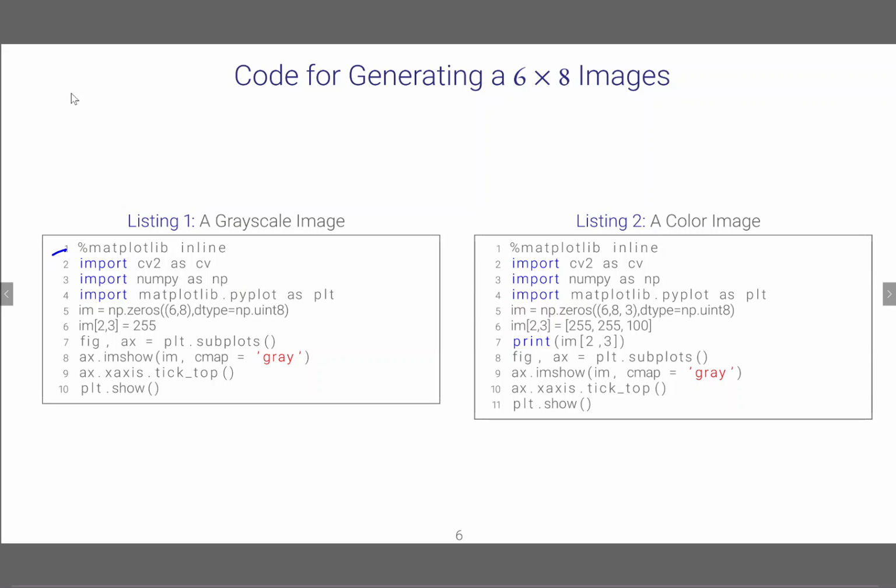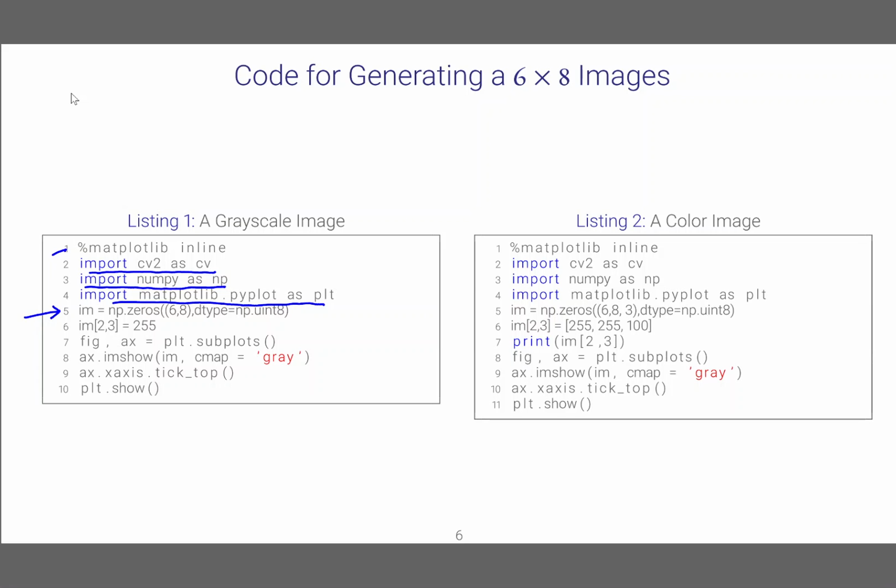And we have to import OpenCV by saying import CV2 as CV. Then we will import NumPy for the array manipulation and creation. And then for plotting, we will import Matplotlib pyplot as PLT. And on this line number 5, we actually do the image creation.